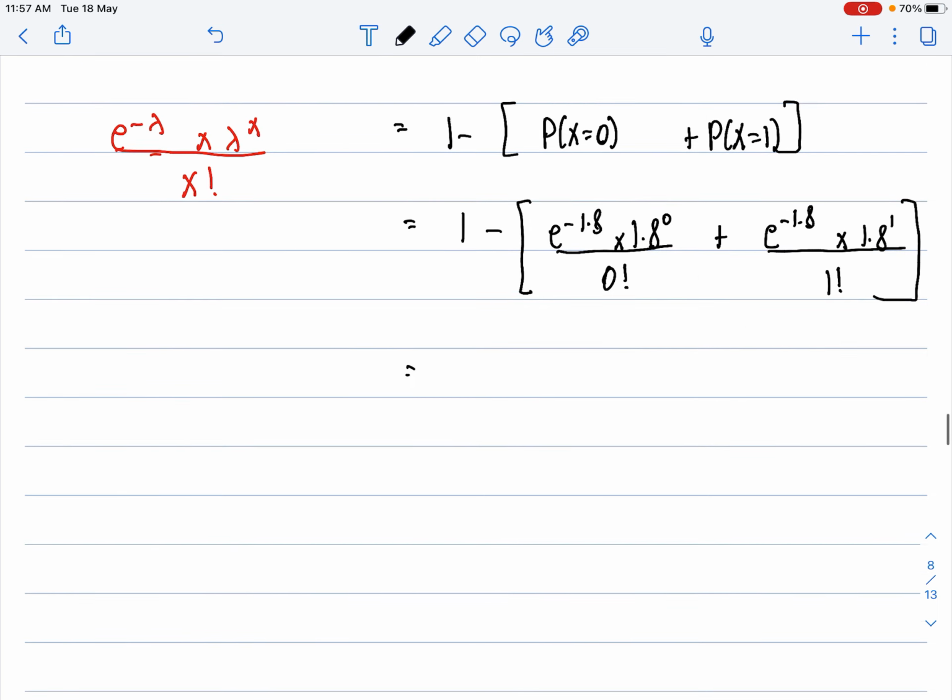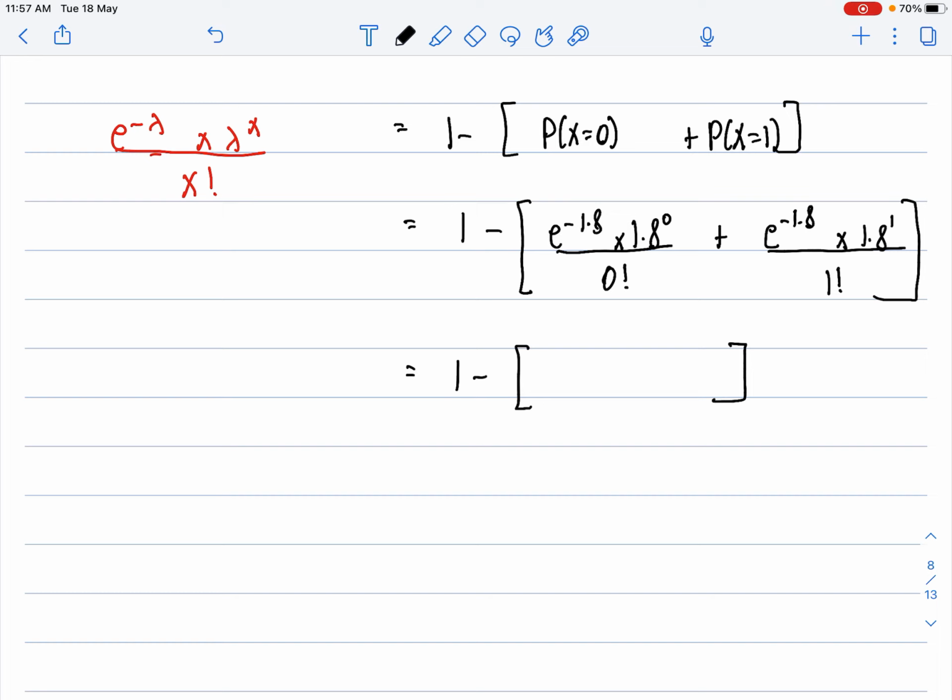So I can simply solve this on the calculator. I can write this as 1 minus, so just solve this on the calculator, e raised to minus 1.8 plus e raised to minus 1.8 into 1.8 raised to 1 over 1 factorial.